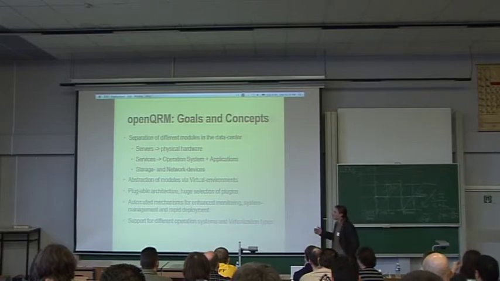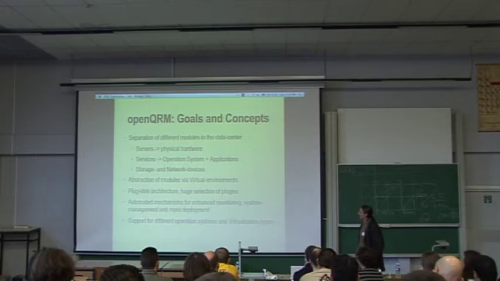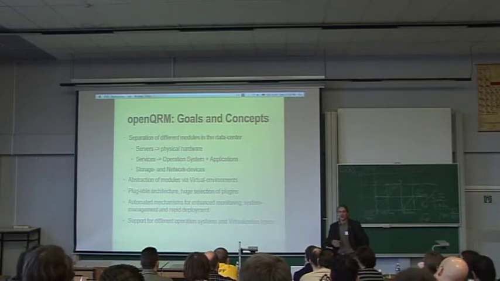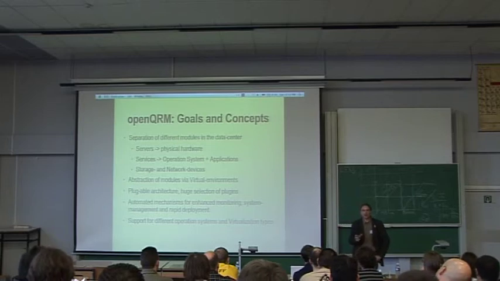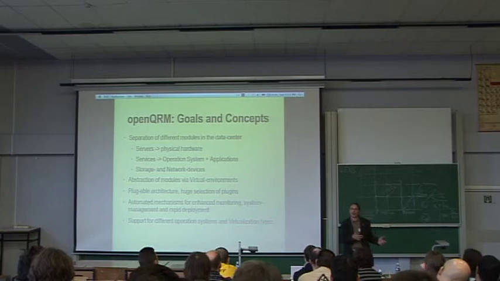We have the virtualization plugins, which we will talk about in a few minutes in more detail. We also integrated LVM storage, NFS on top of LVM, and iSCSI on top of LVM, so that users can use this instead of buying a NetApp filer, for example.